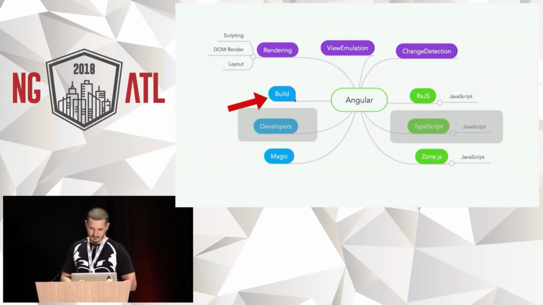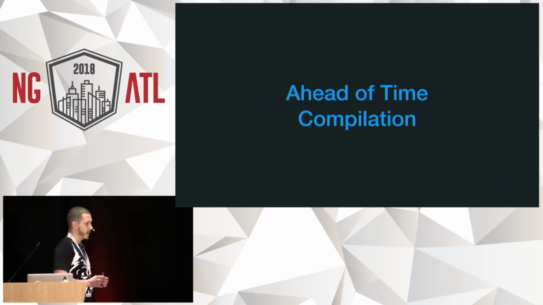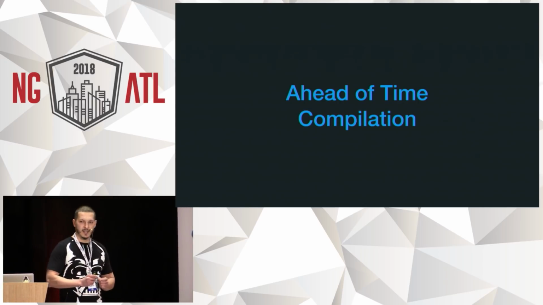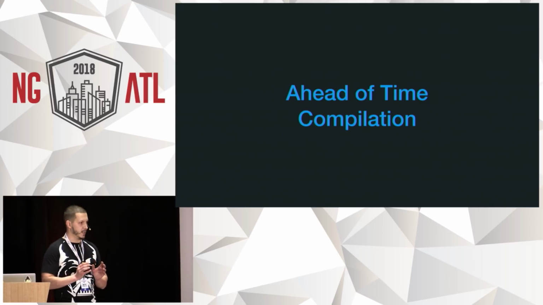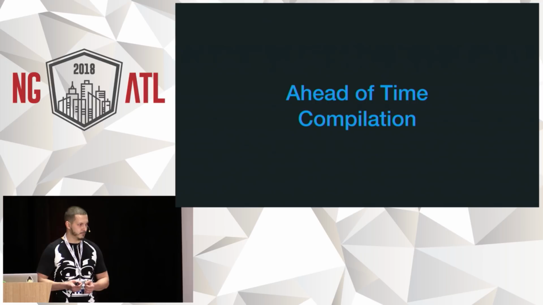Let's move further. Build again. We have a tool which was not available for years: ahead of time compilation. Imagine you have JavaScript, now TypeScript, with type safety, and you are able to check it before running it.